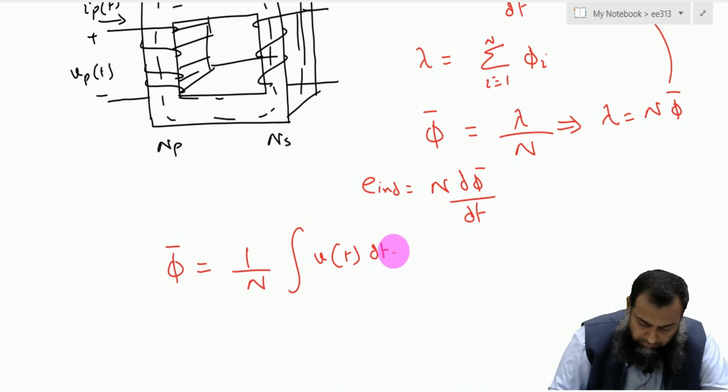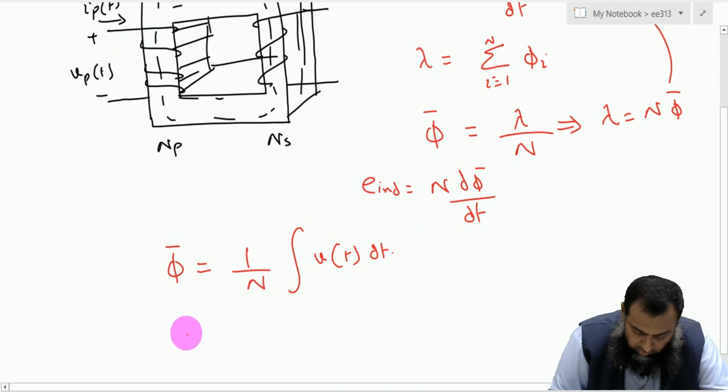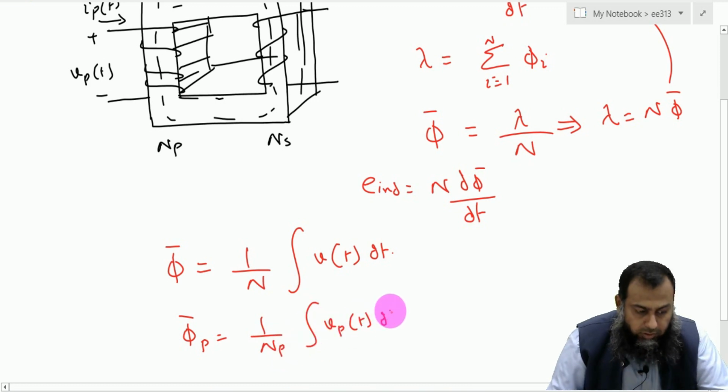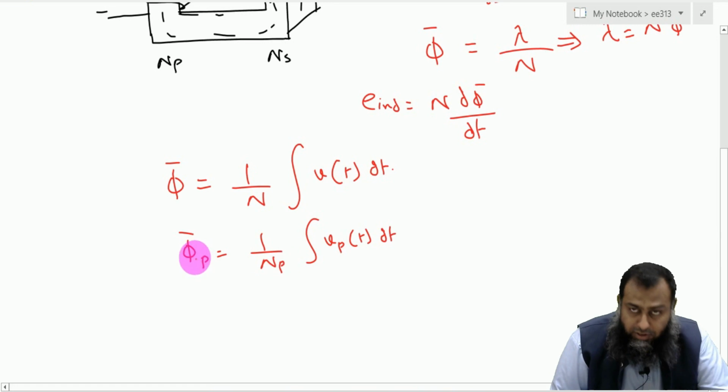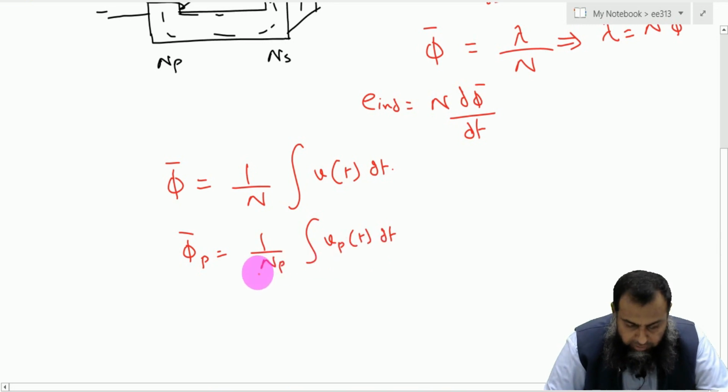If we apply some voltage on the primary side, this becomes 1 over Np times the integral of vp(t) dt. So this average flux in the primary winding is proportional to the integral of vp(t), and the constant of proportionality is 1 over Np.